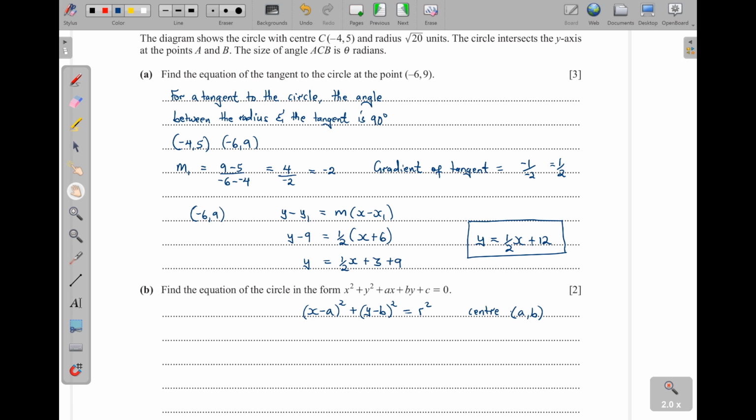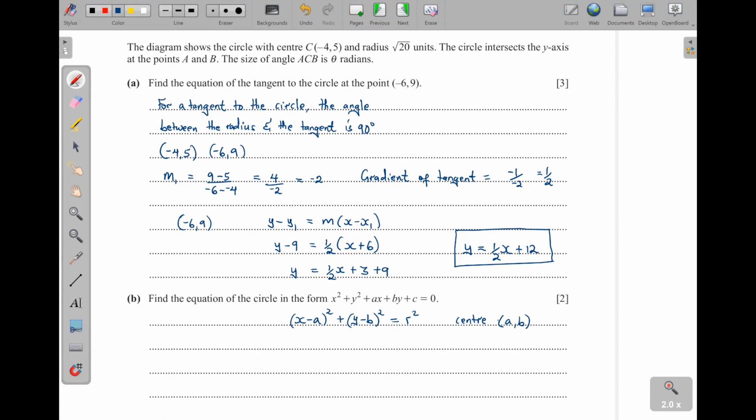Okay, now we have our center here, which is -4. So we shall have x minus -4, but then this one is going to become a plus. So I'll just write x plus 4. Okay, (x plus 4) squared, then plus (y minus 5) squared, is equal to the radius, which is given as root of 20, then squared.